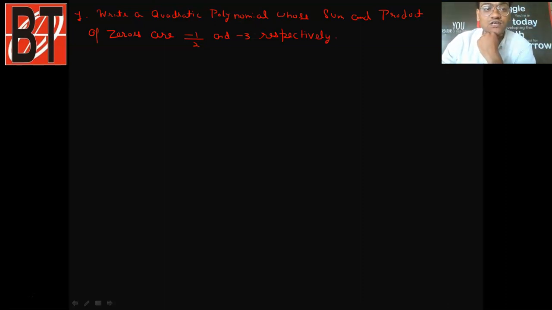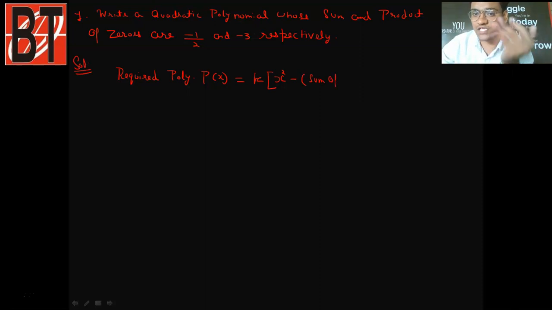Okay students, so let me just write the solution. The required polynomial, suppose I am denoting the polynomial as p(x), is going to be equal to k, where k is any real number, times x square minus sum of zeros into x plus product of zeros. Let me write the expression again, then I'll be putting the values.